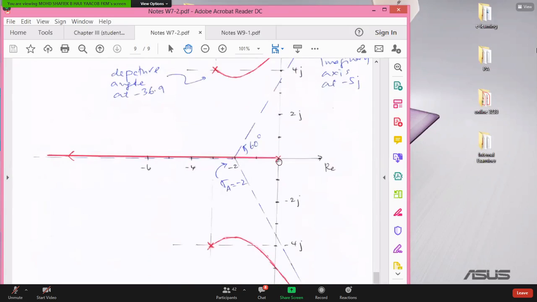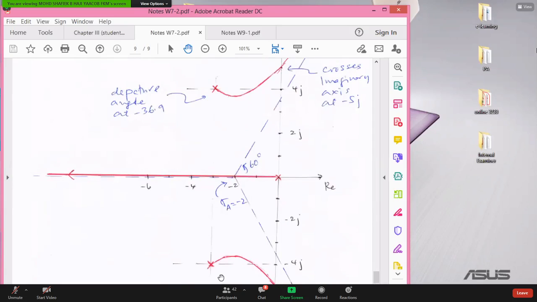Okay, so this is the angle from the complex pole. This is 90 degrees. You draw a straight line connecting the two poles, and you measure the angle from parallel to the real axis. So that's 90 degrees.